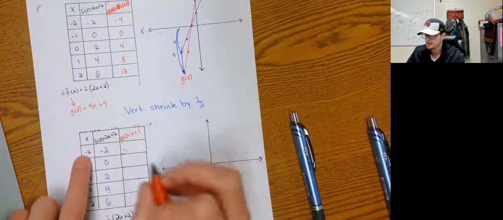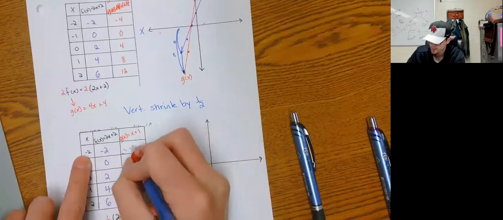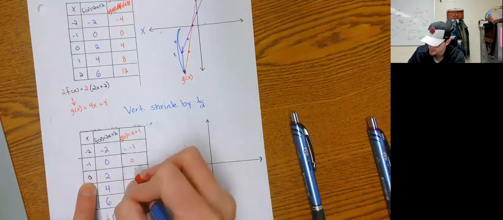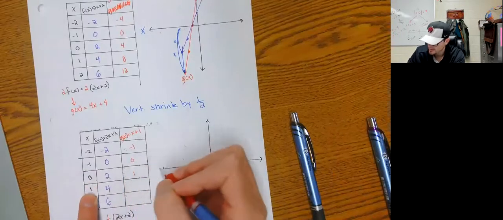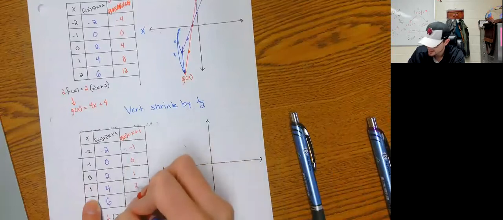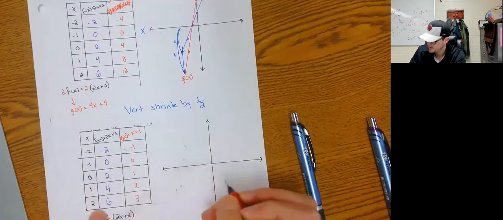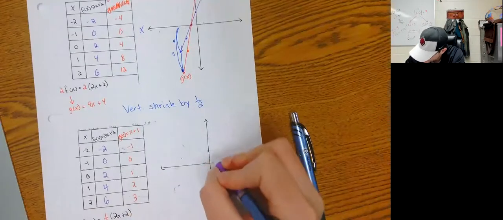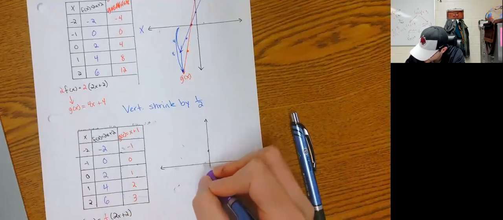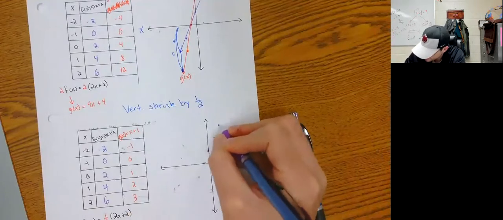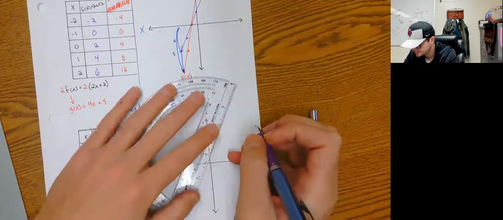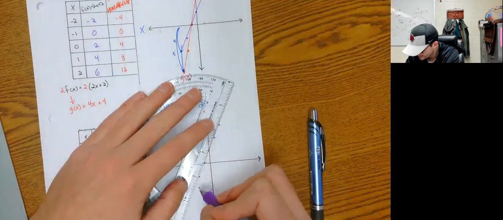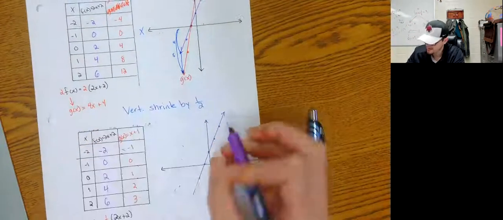All right, so what is -2 plus 1? -1. What is -1 plus 1? 0. What is 0 plus 1? 1. What is 1 plus 1? 2. 2 plus 1? 3. All right. I'm getting tired myself.